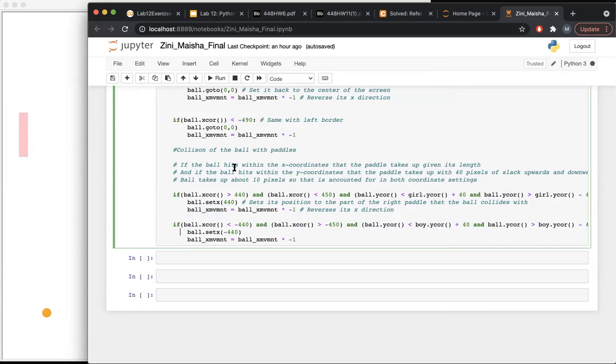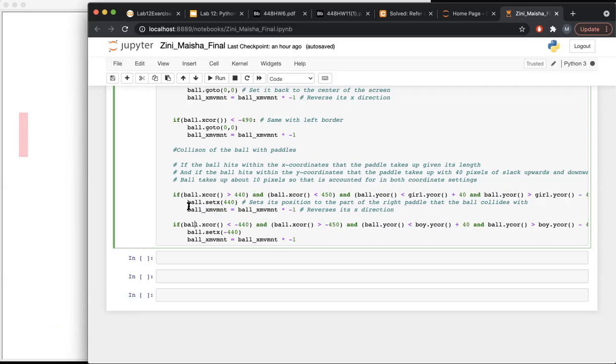That is shown by doing the y coordinate of this paddle, which is the middle, plus 40 on the top and the bottom, right? So if it hits any point along this line, if the coordinates of the ball satisfy these two conditions, then I guess that counts as the two things colliding, right?